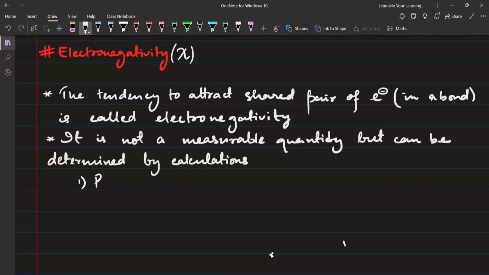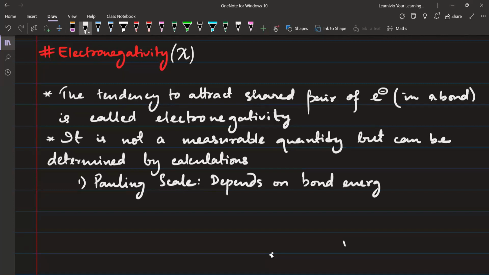So one is the Pauling scale, which depends on bond energy. Second, remember the Mulliken scale, which depends on ionization energy and electron affinity.